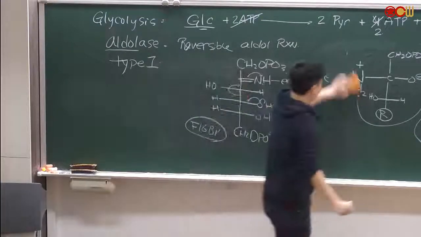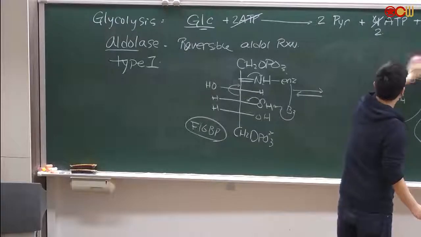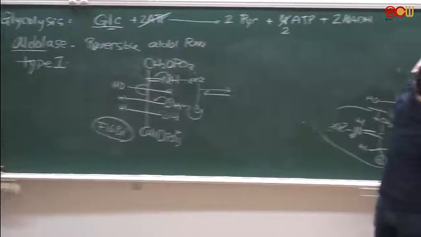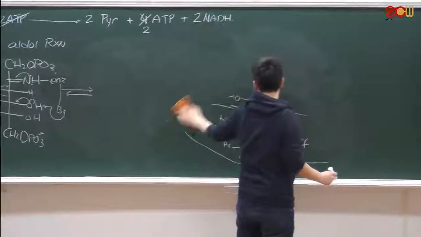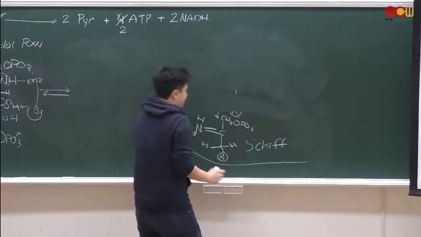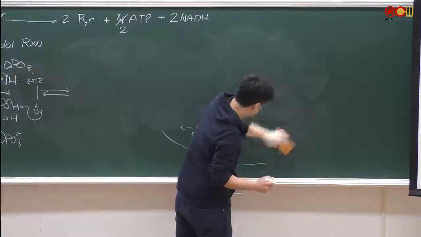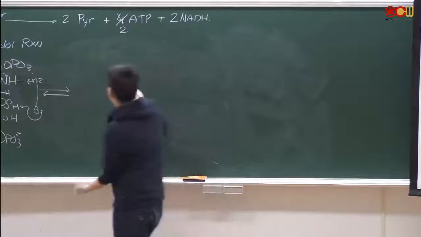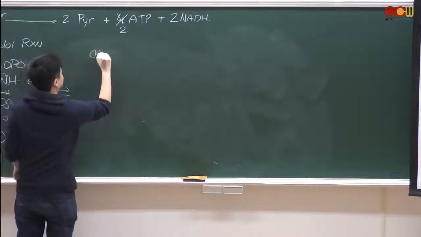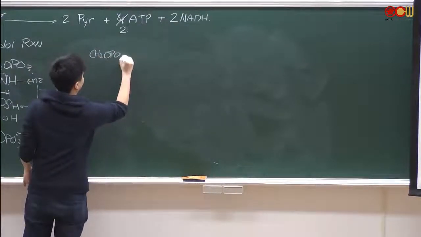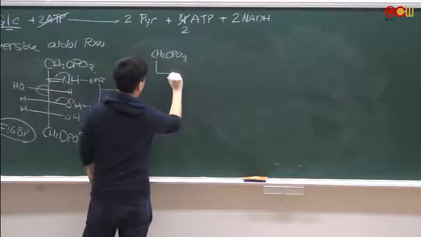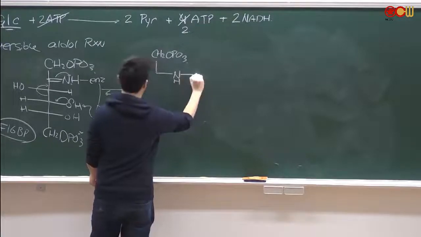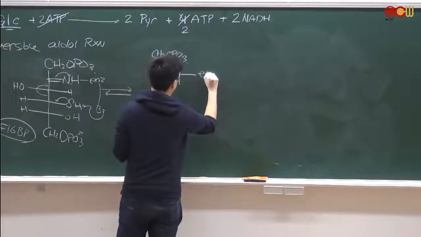Now, the Schiff base also serves as an electron withdrawing group because your amine, or your nitrogen, is positively charged, so that's why I fixed it. It's positively charged, so it's going to withdraw electrons towards it, such that you form CH2O phosphate, and you have one bond NH, one bond enzyme.